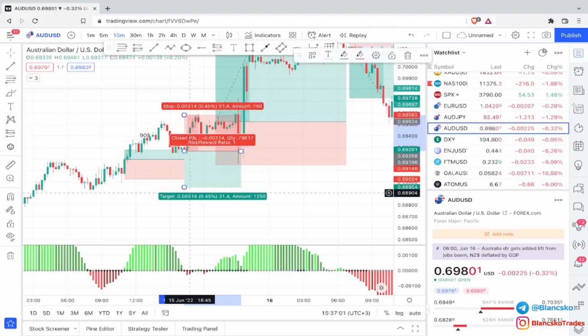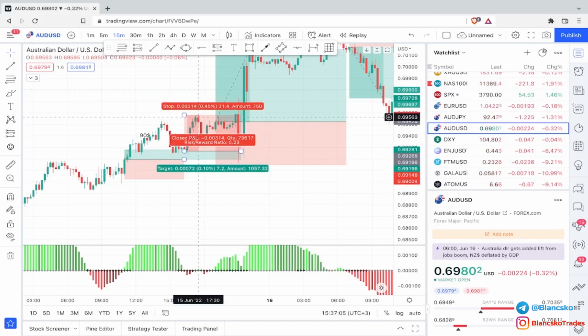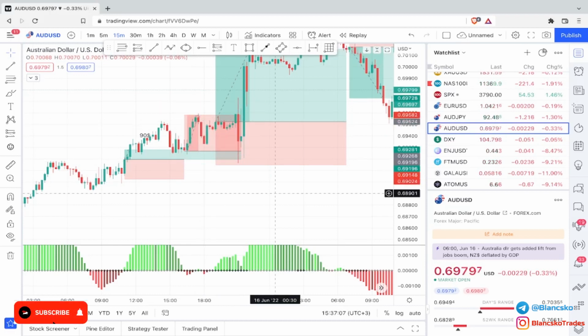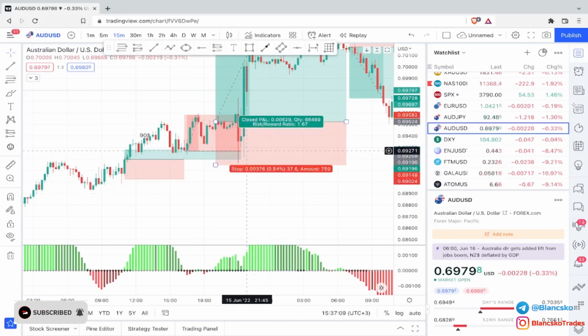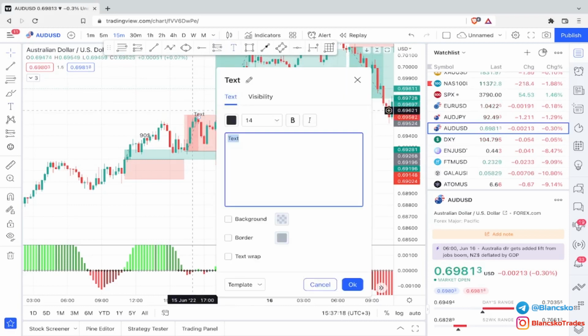We would have closed right here, and this would have been a minus 271 and 5, minus 300, something like that. So here you would have closed in the negative, minus $300. So this would have been a loss for you.